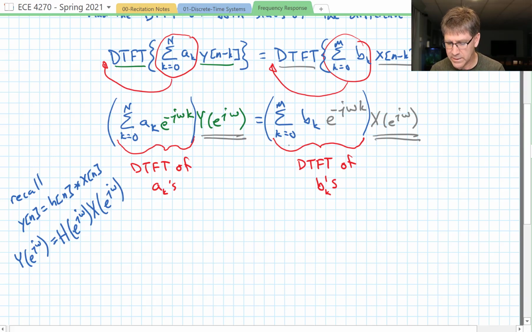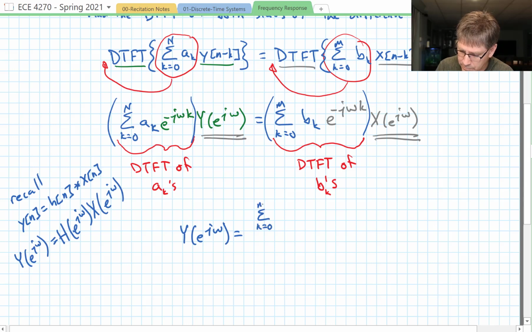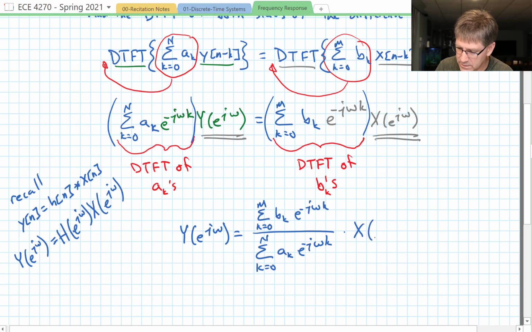Can we relate the same thing here? Well, we have our y, we have our x, and we have these other terms. Sure. Let's rearrange terms and say Y of e to the j omega is equal to our sum over the b terms times e to the minus j omega k, over the sum over the a terms times e to the negative j omega k, times X of e to the j omega.